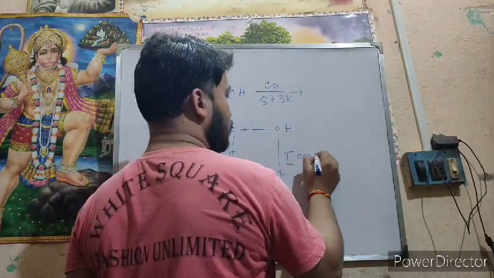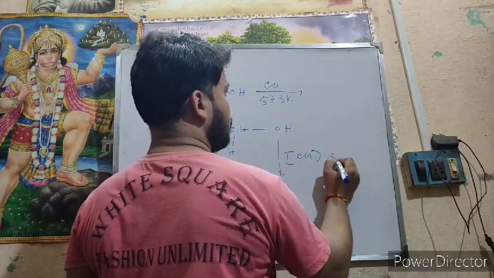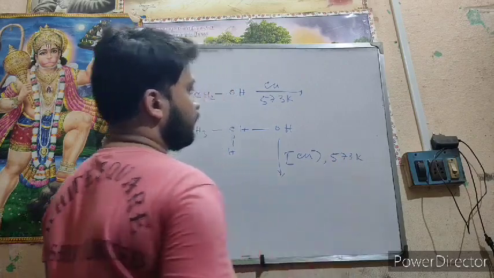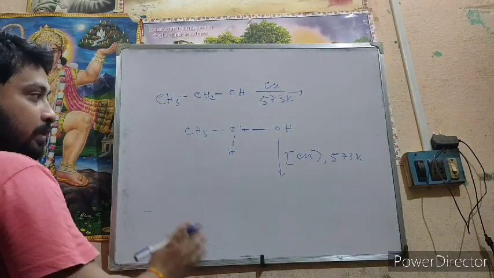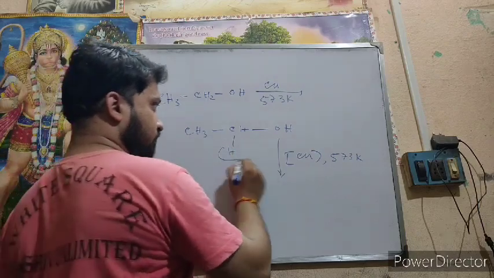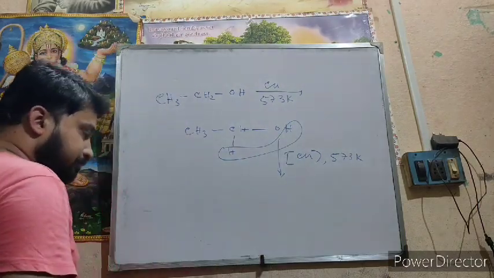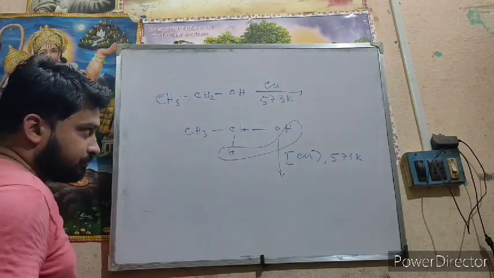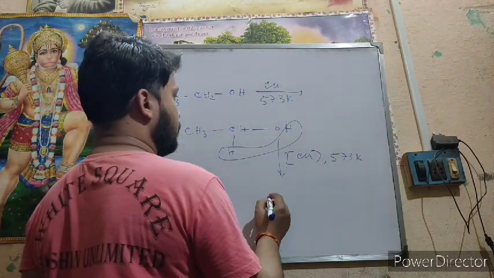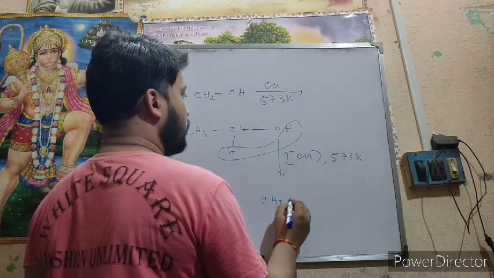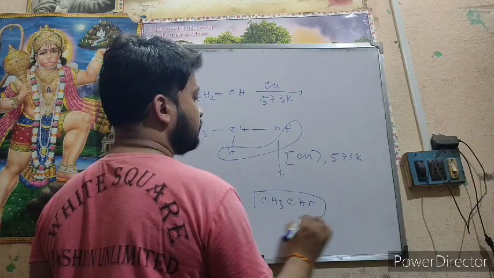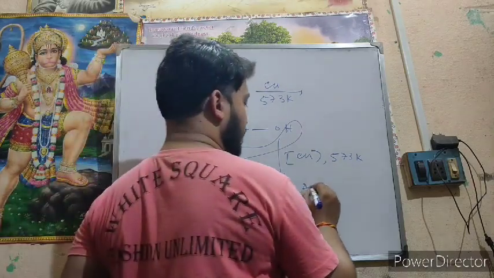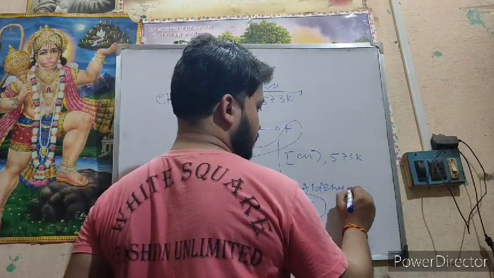Okay, it helps you. It is not a mechanism. H2 is removed as it is used for oxidation, so the product is CH3CHO, aldehyde.